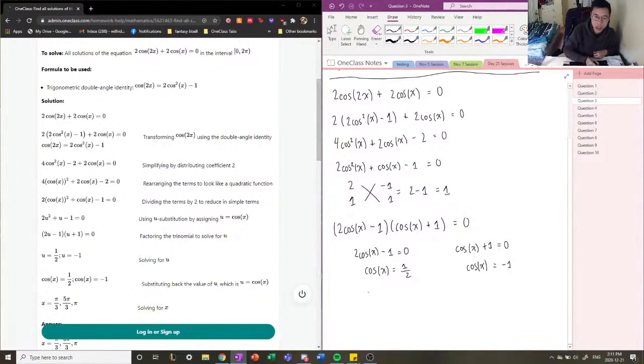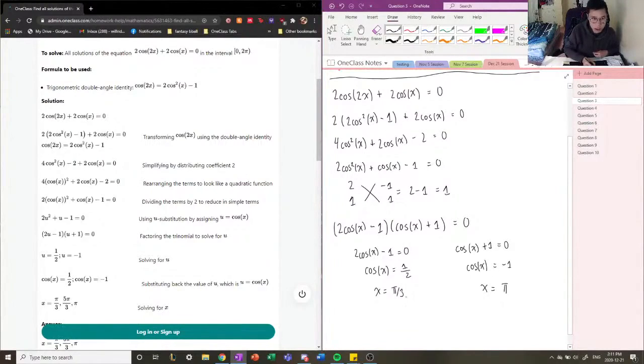So we're going to say that cos of x equals half when x equals pi over 3, because root 3 over 2 is greater than half. And cos of x equals negative 1 when x equals pi. When x equals 2 pi or 0, we have cos of x equal to 1. So cos of x equals negative 1 when x equals pi.